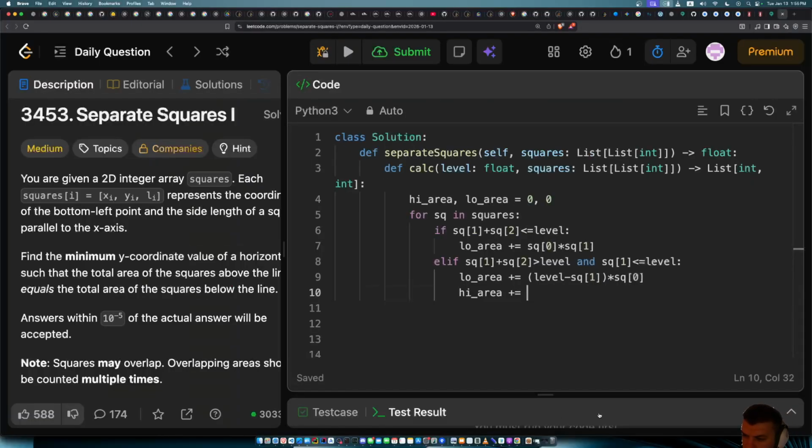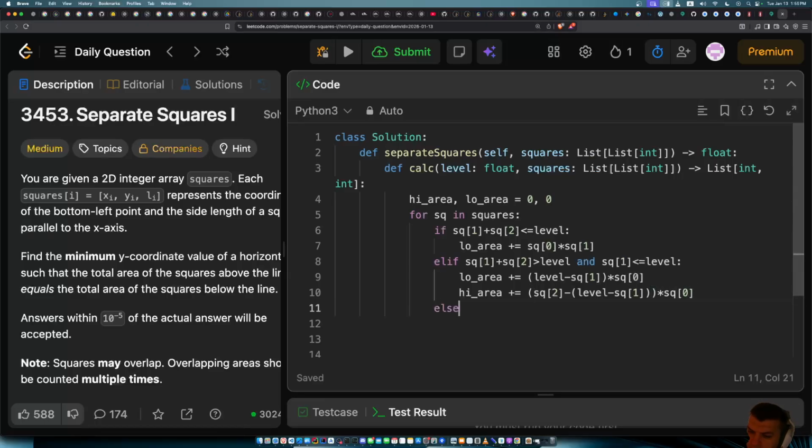So I need to copy this one and then subtract it from square 2, and then this one multiplied by square 0.